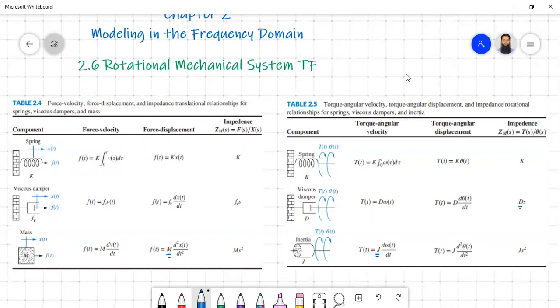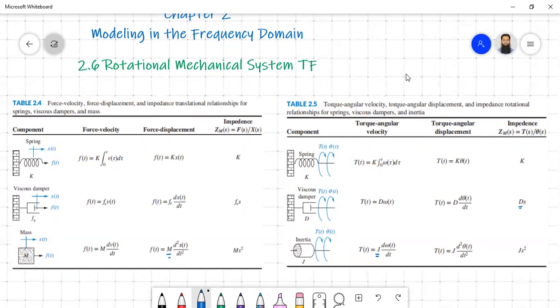Similar things apply, like the degrees of freedom: how many linearly independent angular movements are possible. Based on that, that many differential equations should be there, and your free body diagram will also be present initially to understand the topic.